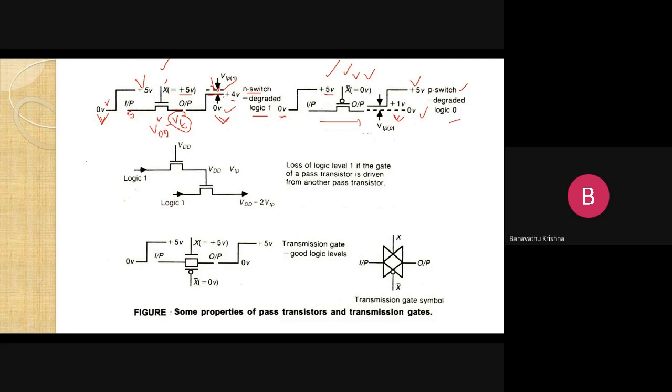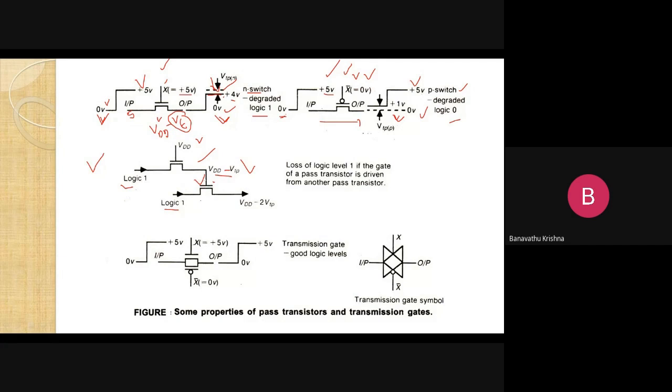And here I want to show another connection. Using a pass transistor, here the gate is VDD, so logic 1 is applied. We get the output response VDD minus VTP, where VTP is the threshold voltage of the pass transistor. Again this response is applied to the other connection of the pass transistor, with another logic level, so that it goes to the on condition.